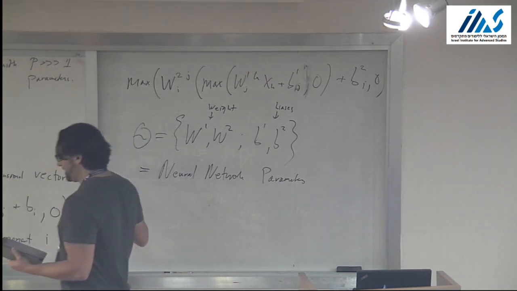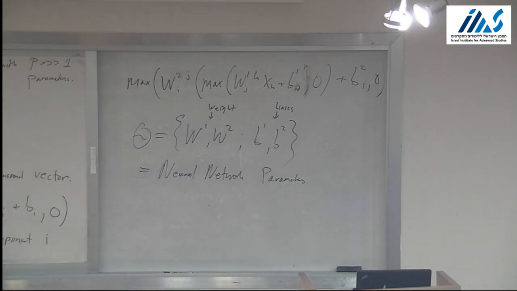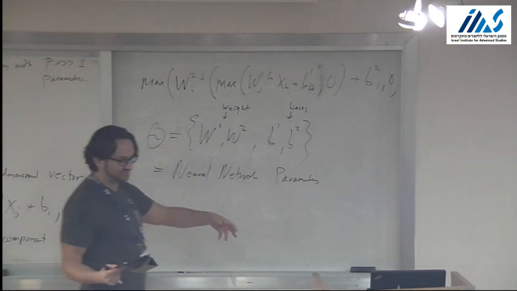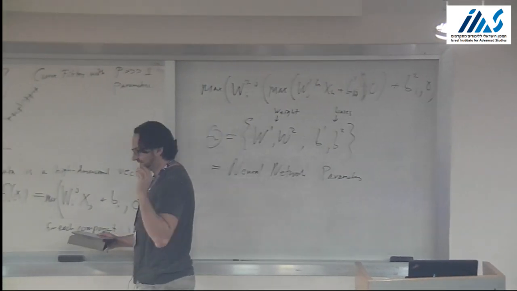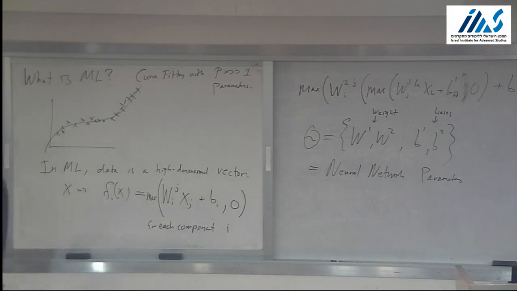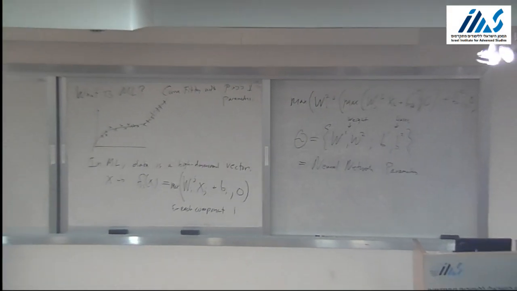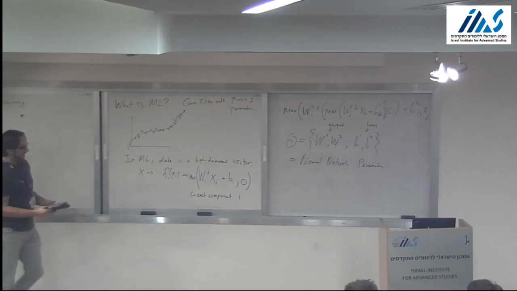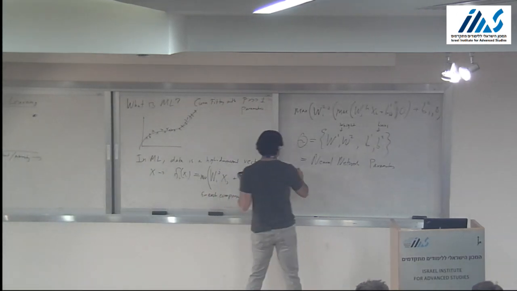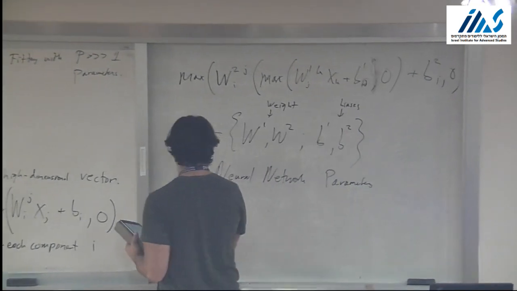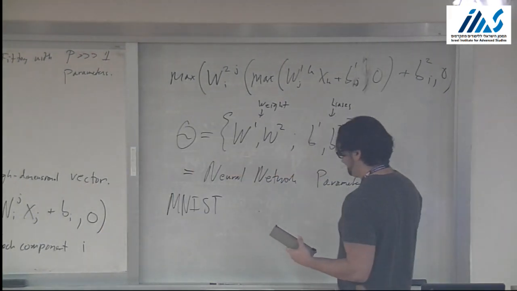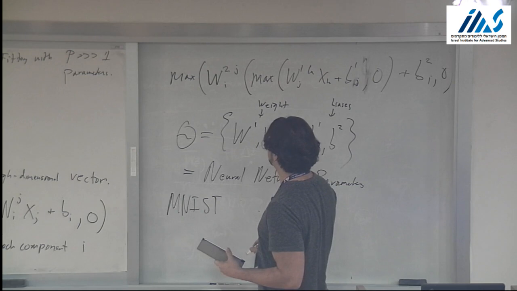So in other words, probably the most vanilla example to ML people is image classification. My data X is some few thousand dimensional vector of pixel intensities, and I apply this function to it, and I'd like this function to output what the image is. So maybe there are 10 classes. The simplest data set that you'll encounter, and that I would encourage you to play with, is called MNIST. And it's handwritten digits.